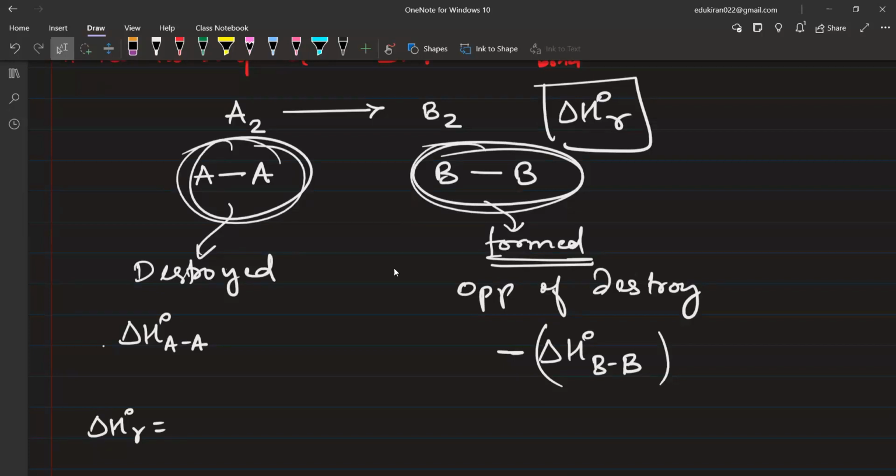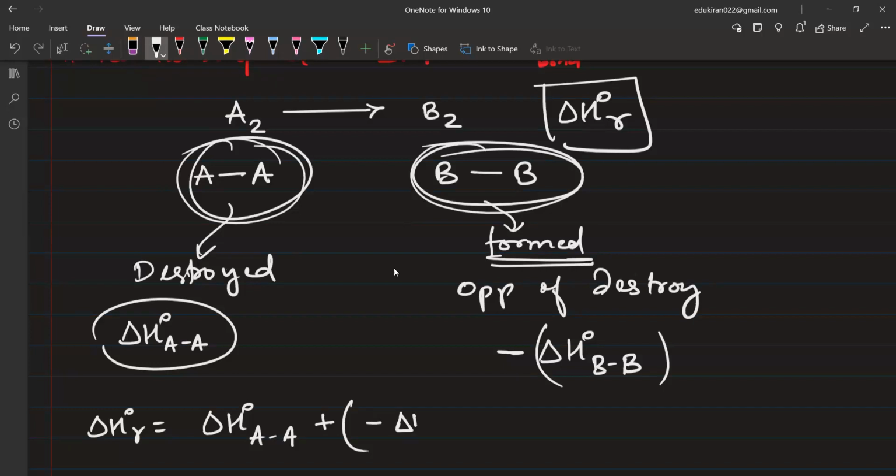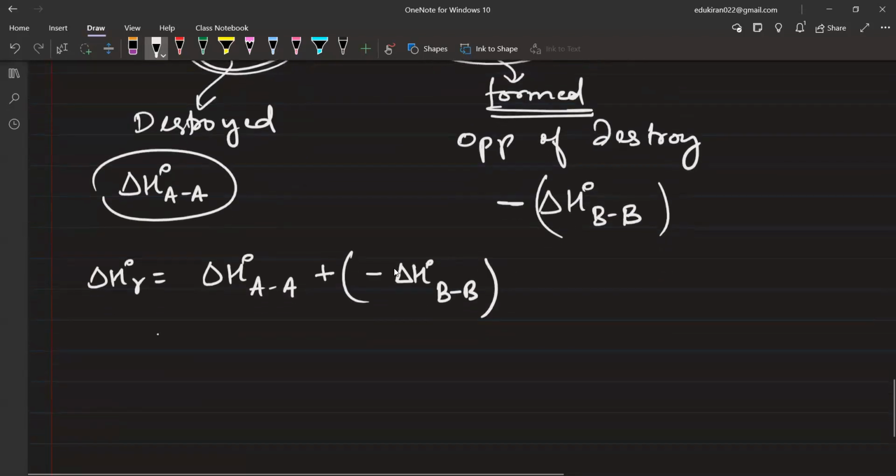The amount of energy required to break A, that is equal to delta H naught AA, plus the amount of energy required to form the B2, which is equal to minus delta H naught BB. This is the amount of energy required to form BB. अब इसी को अगर आप ध्यान से देख ले तो यहाँ पे क्या होगा? डेल्टा H naught AA minus delta H naught BB.